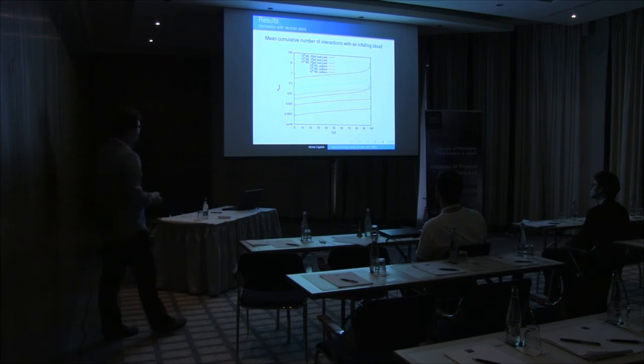For an eccentric cloud like G2 with high eccentricity, we computed this cumulative number of interactions up to the pericenter, and for the flat distribution that is now observed for our galaxy, the probability of interacting is quite small.